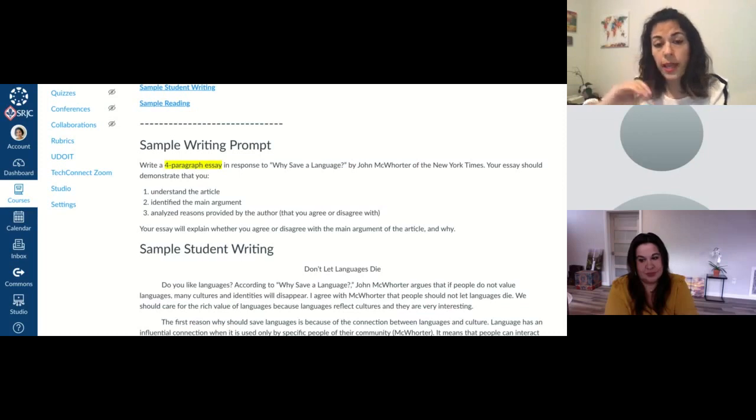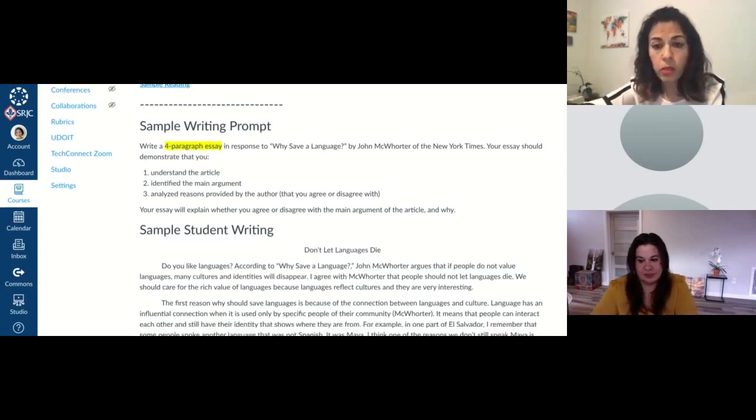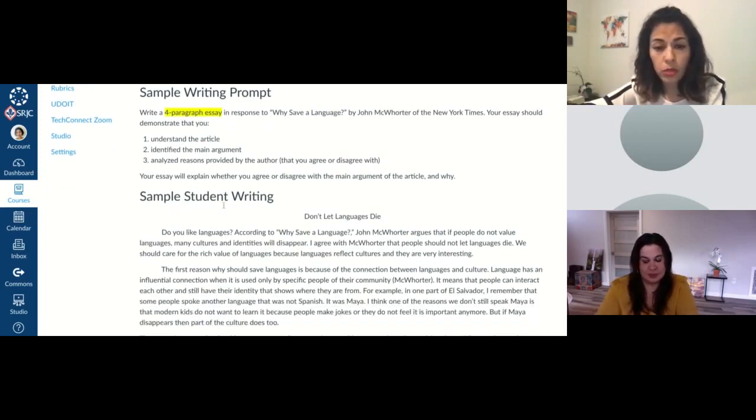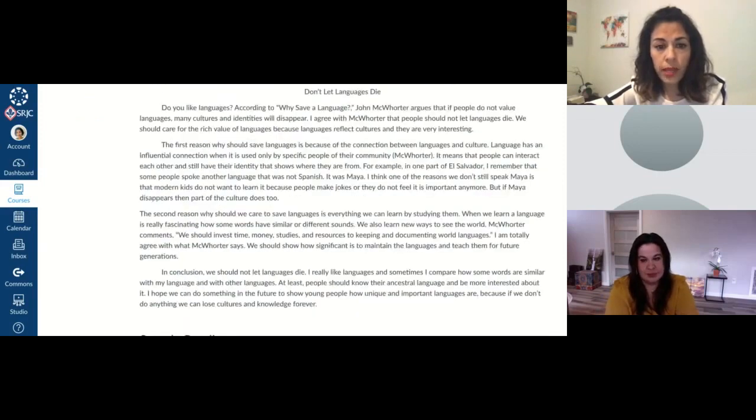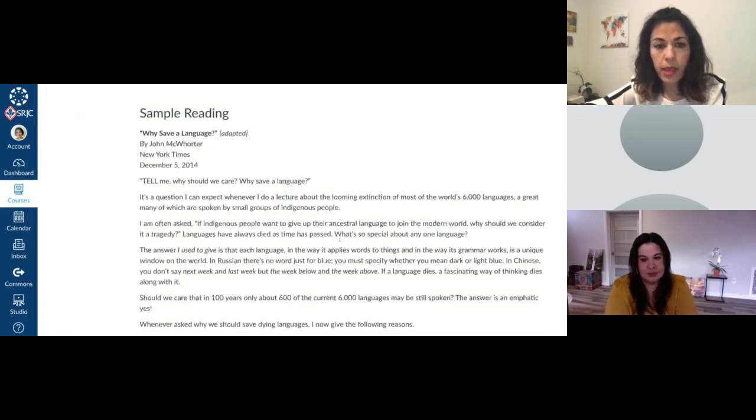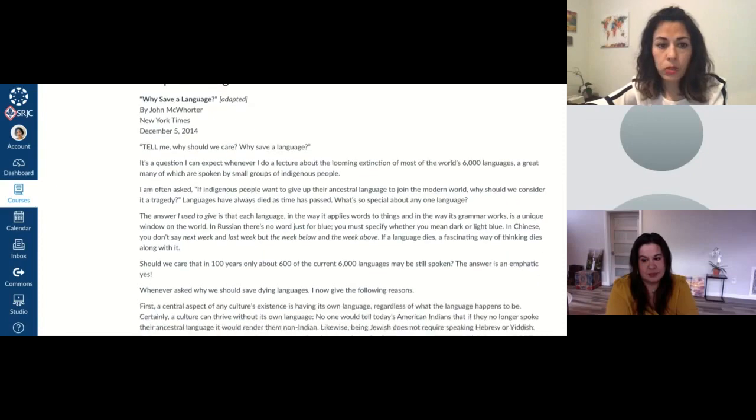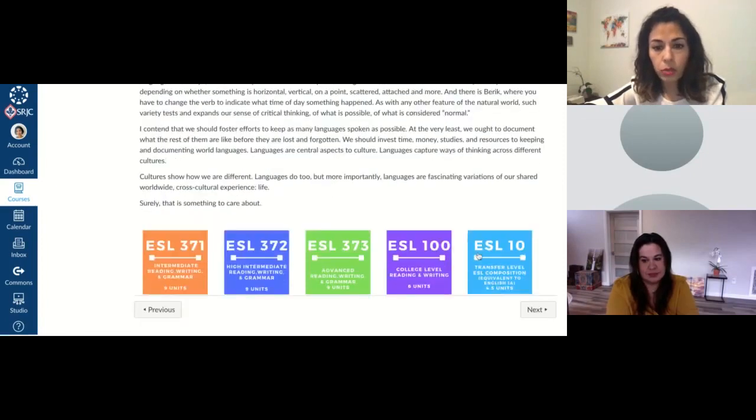So you can see how it's progressively getting more difficult, and it shows in the prompt. So here's sample student writing, a 4-paragraph essay, and here's sample reading that the students read and respond to.